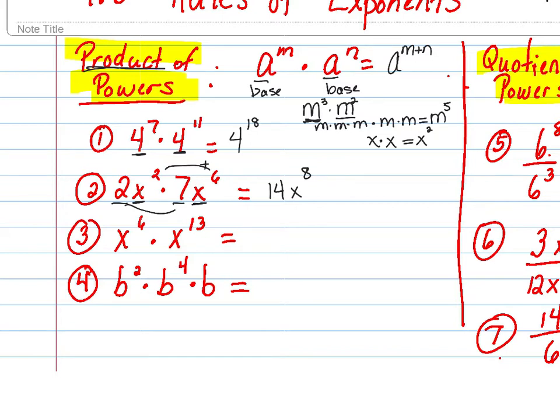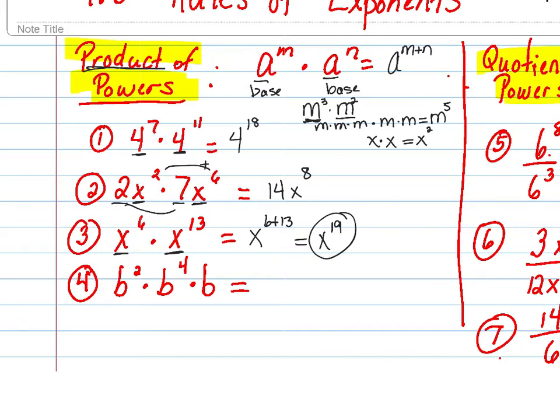You got to ask yourself, do they have the same base? Yep. So the rule says to take x and add 6 plus 13, which is x to the 19th power. Number 4 says b squared times b to the 4th times b. Are they the same bases? Yeah.